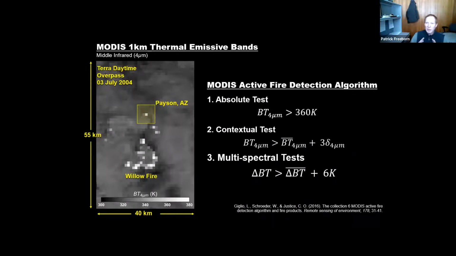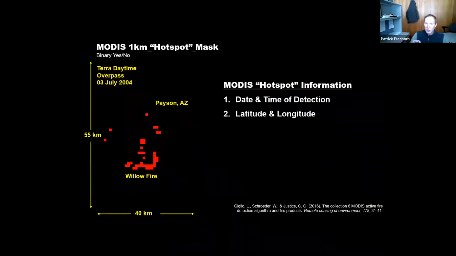But the only thing you really need to be aware of is that the ultimate goal of the active fire detection algorithm is to produce a binary mask indicating where a 1 kilometer pixel either contains a hotspot or it doesn't. So each one of these red squares is a 1 kilometer active fire pixel, indicating that that pixel actually contains combustion components.